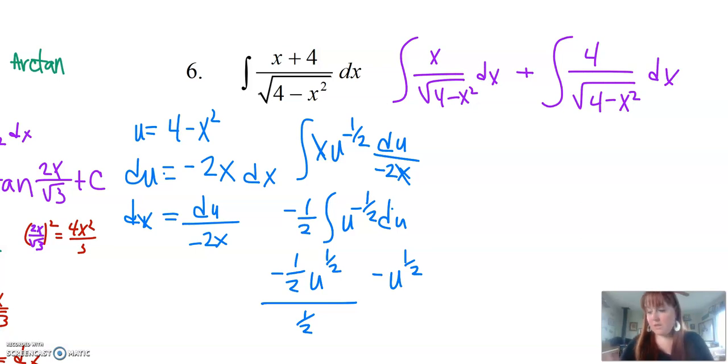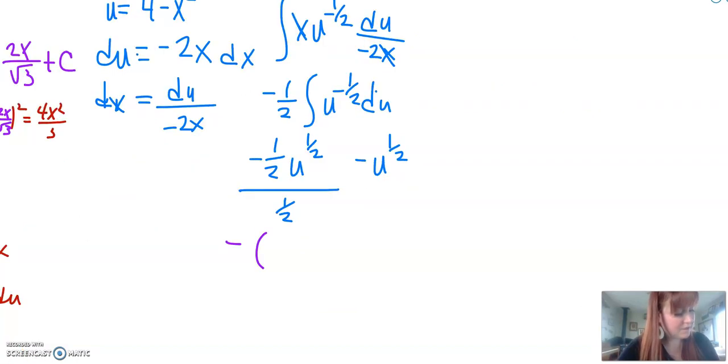Okay, so that is one of them. Again, remember that u was 4 minus x squared. So here in purple, I'm going to write what the final product was: negative the square root of 4 minus x squared, that is, 4 minus x squared to the 1/2. That is our first integral.